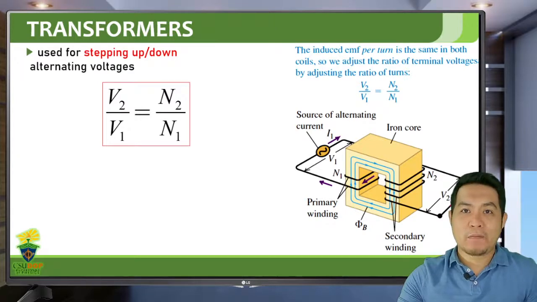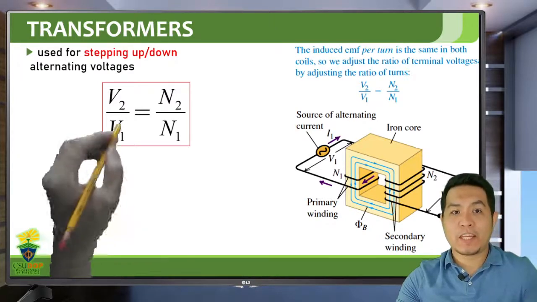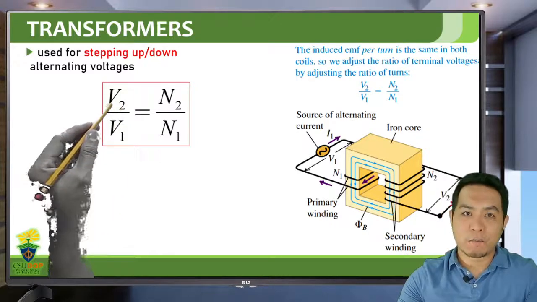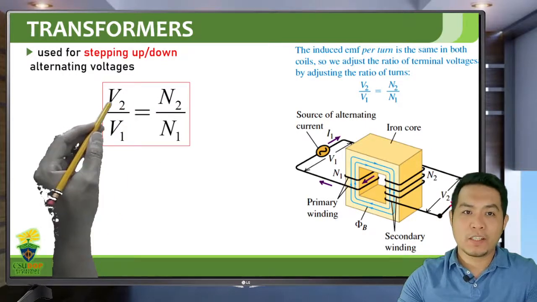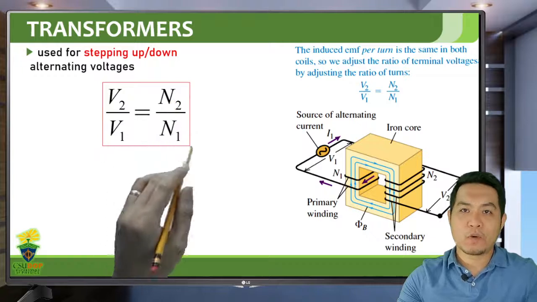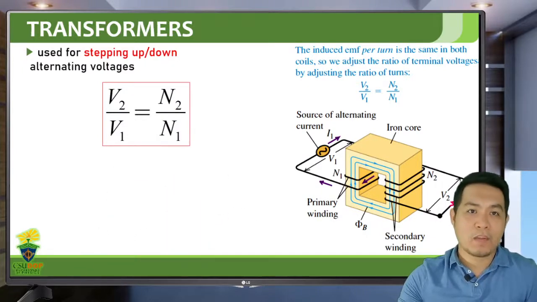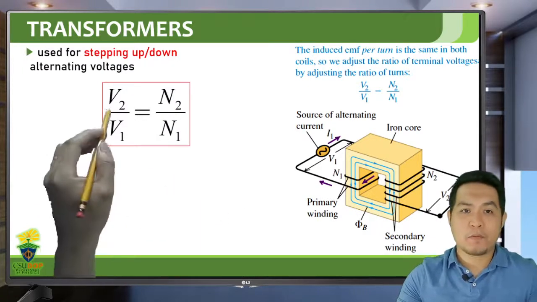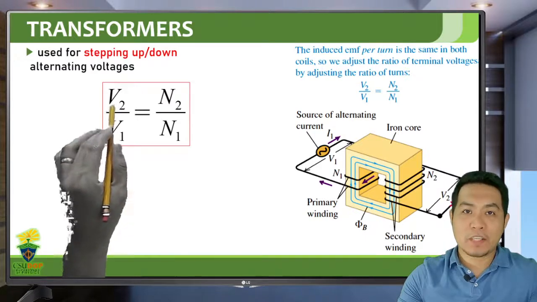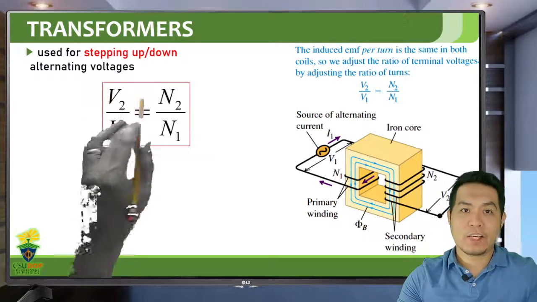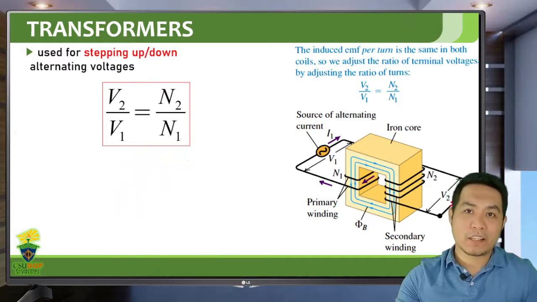If it is a step-down transformer, meaning the secondary voltage is lower, then N2 over N1 is less than 1. If it is a step-up transformer, meaning the secondary voltage V2 is larger, then N2 over N1 is greater than 1.